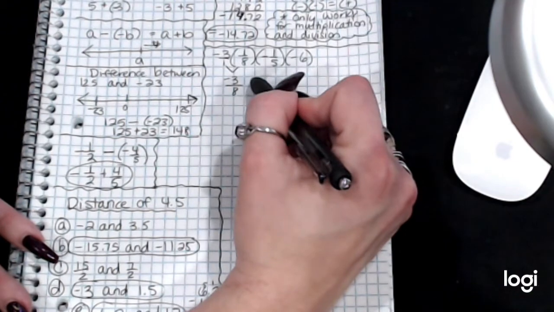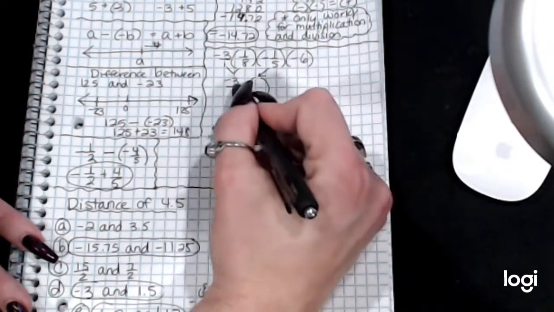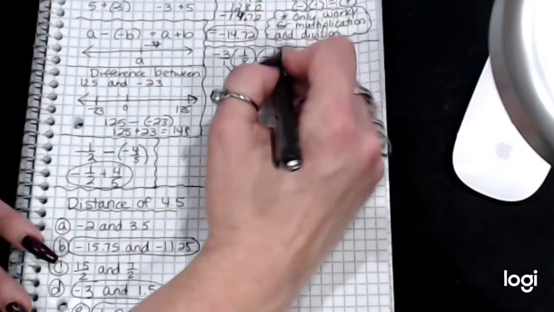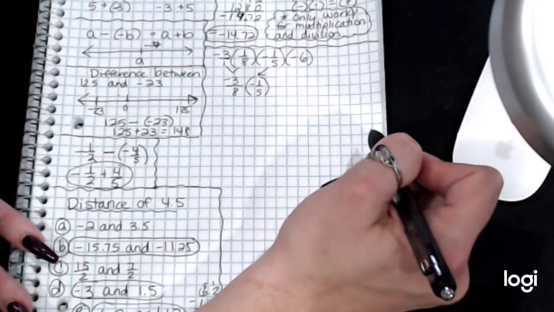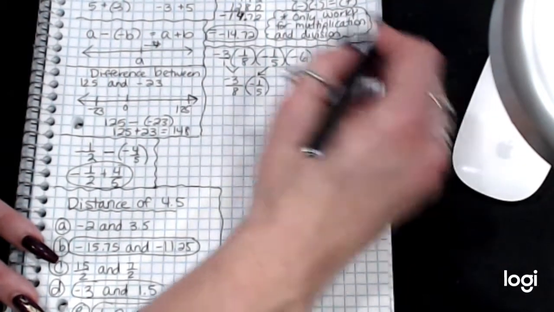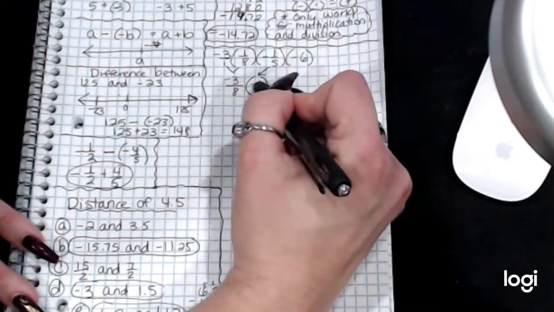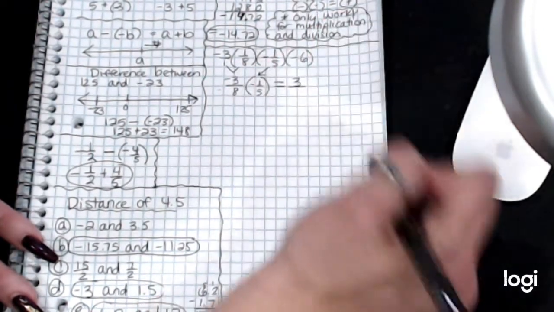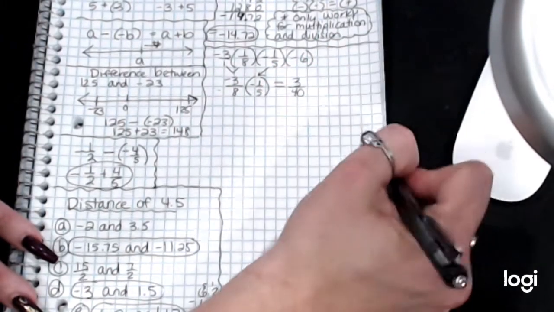Now, we bring down the next one. We're going to multiply this answer times the next one, negative 1/5. That gives us, I'm going to move it this way, negative 3 times negative 1 is positive 3. 8 times 5 is 40.